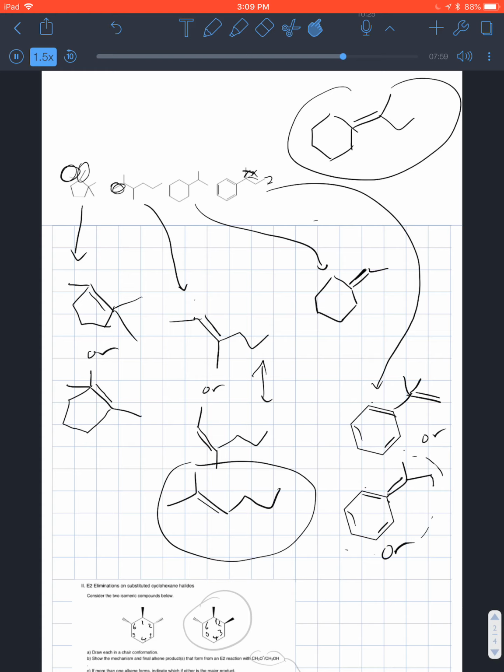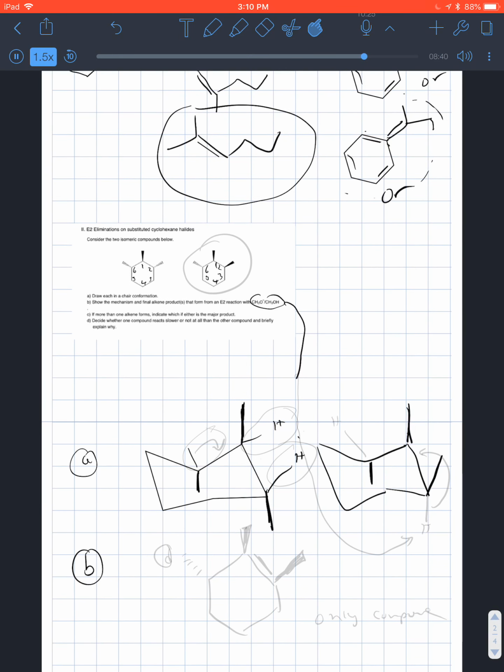With an E2 interaction, this guy would come in on one of these hydrogens. So we draw out all the hydrogens. It's diaxial, so it's coming up. We'll come in on one of these hydrogens, and snap them up.